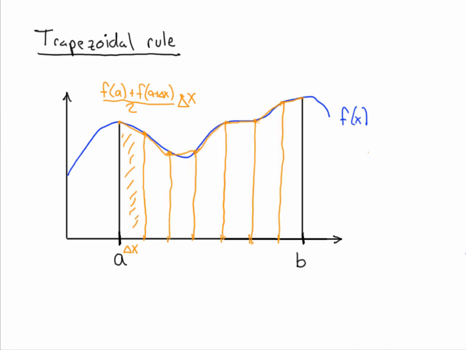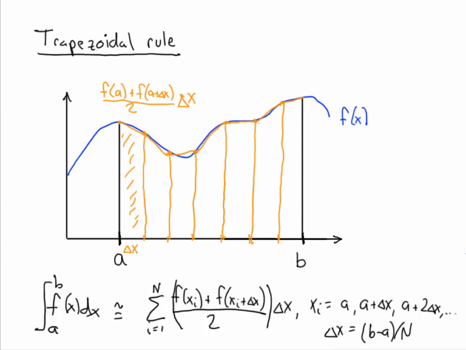And now I've gone ahead and drawn the rest of the trapezoids in. And as you can see, this does a much better job of following the shape of the curve than the rectangle rule that I did before. And so if I want to write this down as a formula, the integral from a to b of f of x dx is approximately equal to, when we're using the trapezoidal rule, the sum from i equals 1 to n of f of x sub i plus f of x sub i plus delta x, over 2, times delta x.